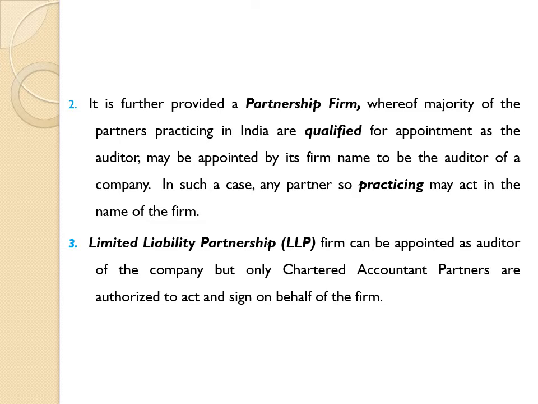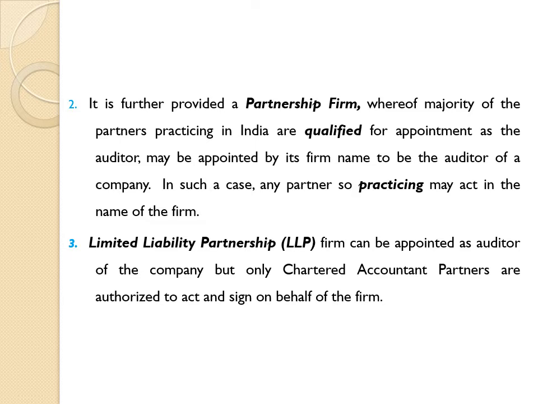Third one, LLP. LLP means Limited Liability Partnership. A Limited Liability Partnership firm can be appointed as auditor of the company, but only chartered accountant partners are authorized to act and sign on behalf of the firm.